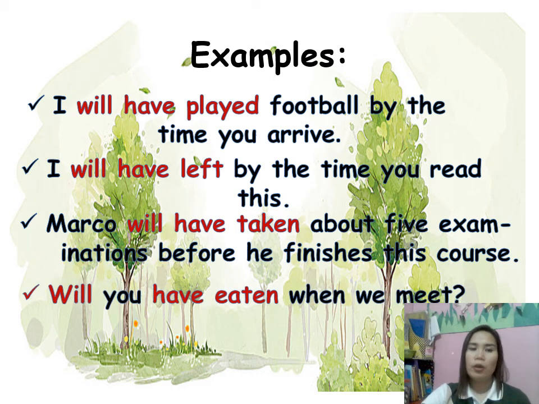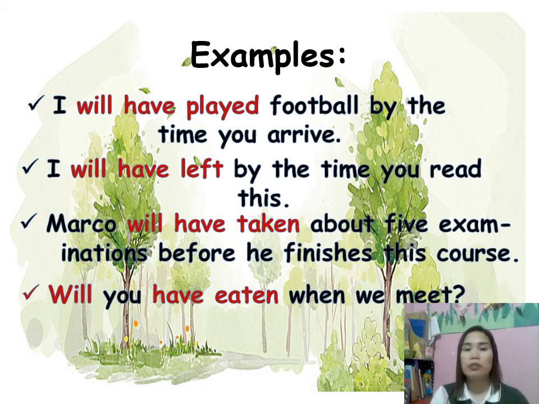Also, we have: will you have eaten when we meet? The actions here are not yet done. It will be completed at some point in the future. So that is the future perfect tense of the verb. And the structure is, you have to use will have plus the past participle of the verb, for example will have played, will have left, will have taken.